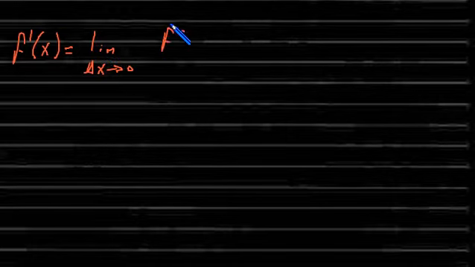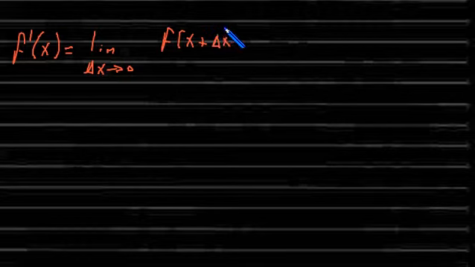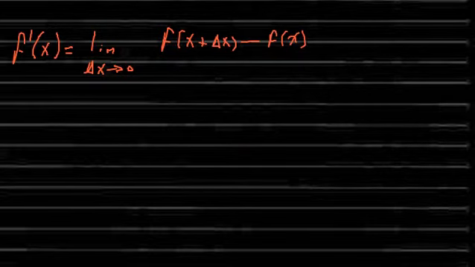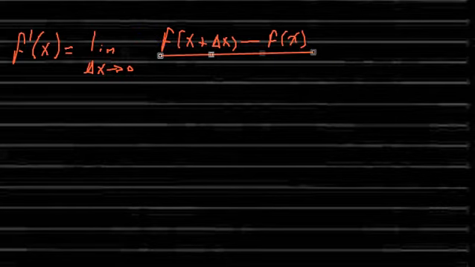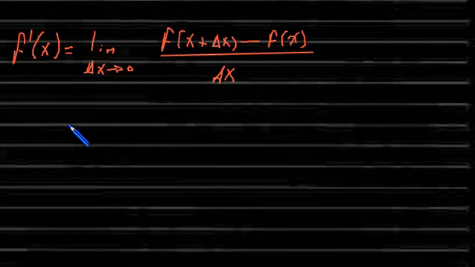So by definition, we know that f prime of x, the derivative of the function f of x, is equal to the limit as delta x approaches 0 of f of x plus delta x minus f of x, over delta x.